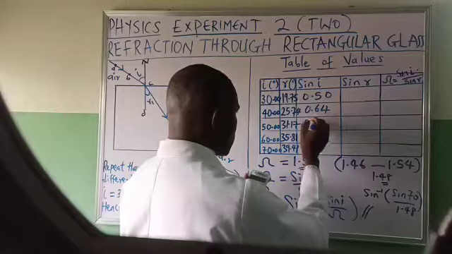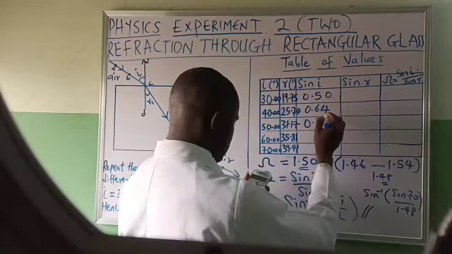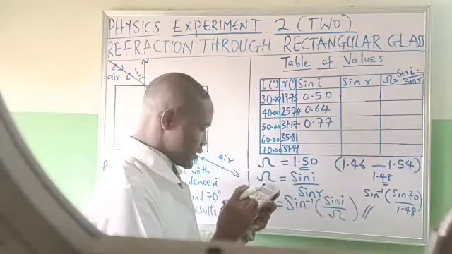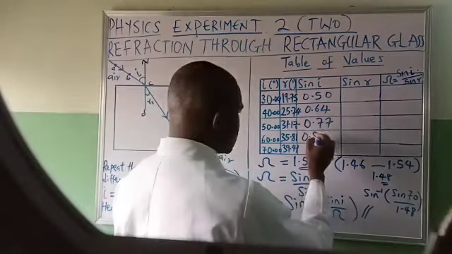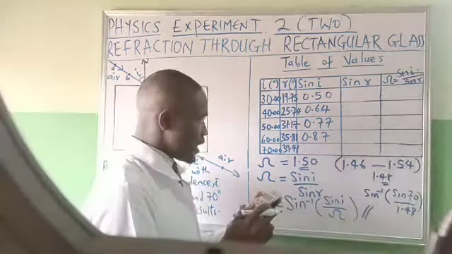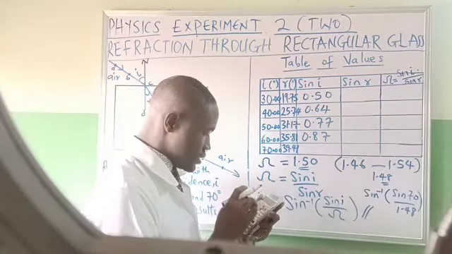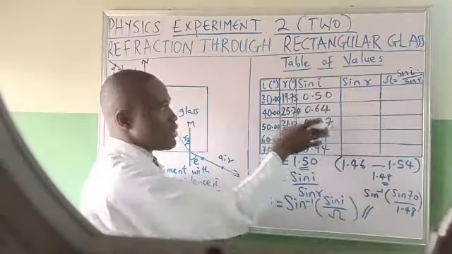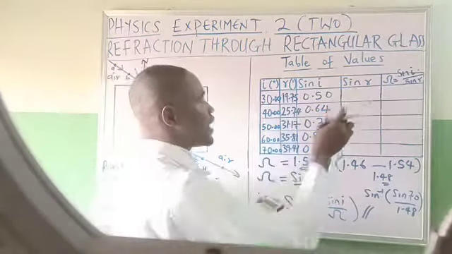Sine 50 is 0.77. Sine 60 is 0.87. Sine 70 is 0.94. We have gotten the table for sine i. We go for sine r.